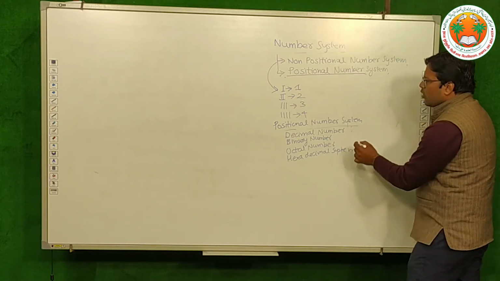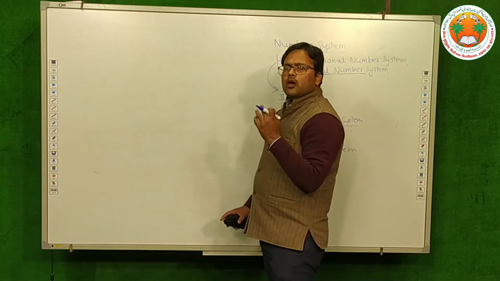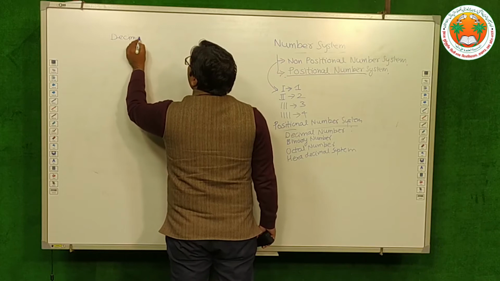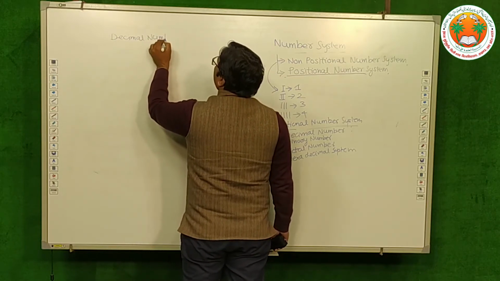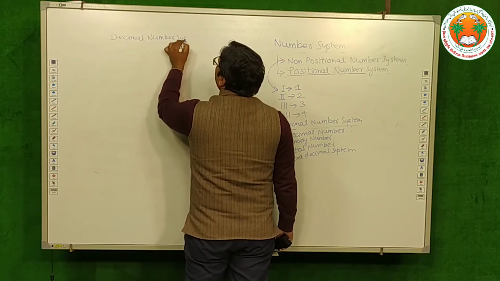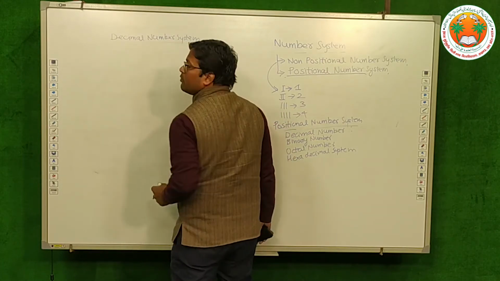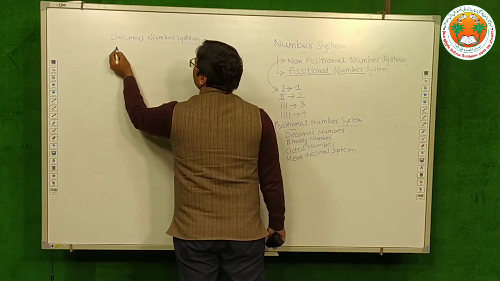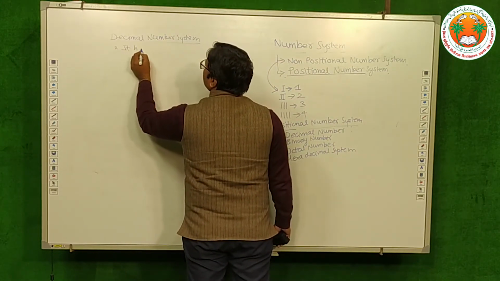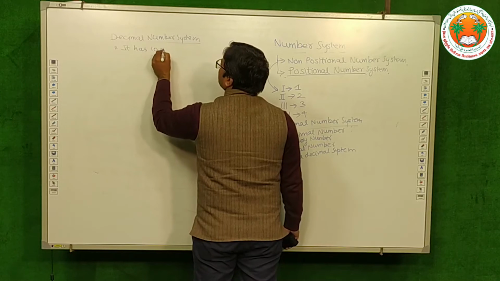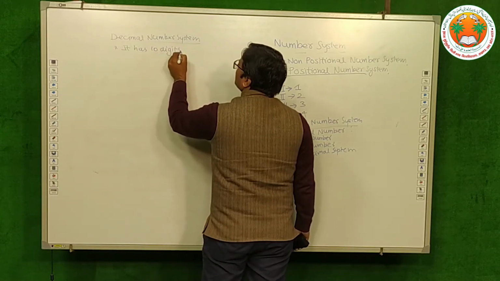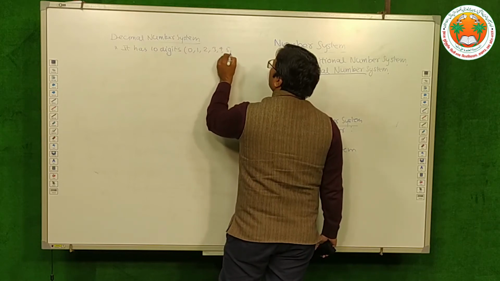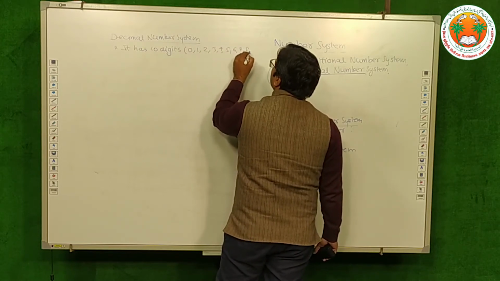Okay. Now what is the decimal number system? The decimal number system has 10 digits, that is 0, 1, 2, 3, 4, 5, 6, 7, 8, 9.